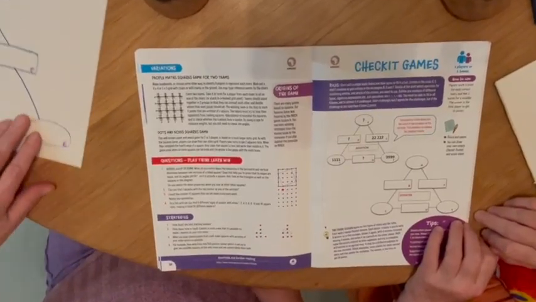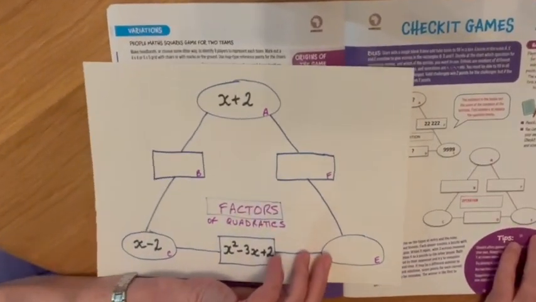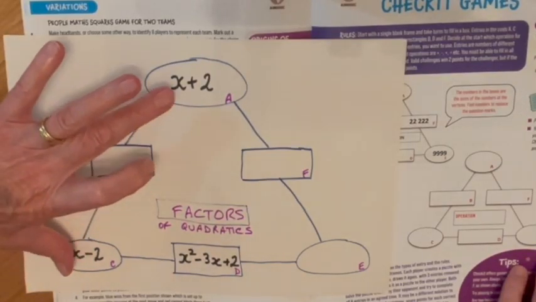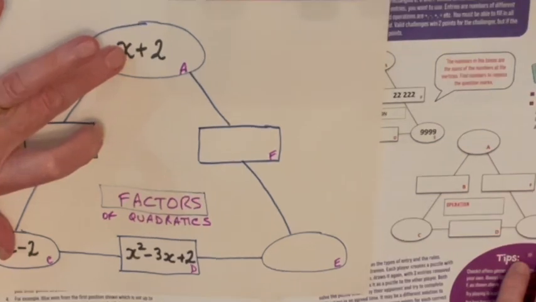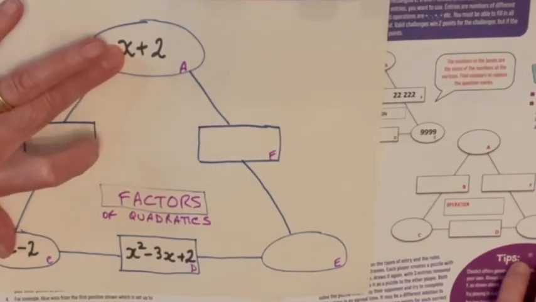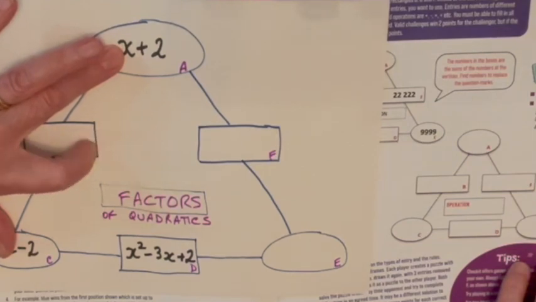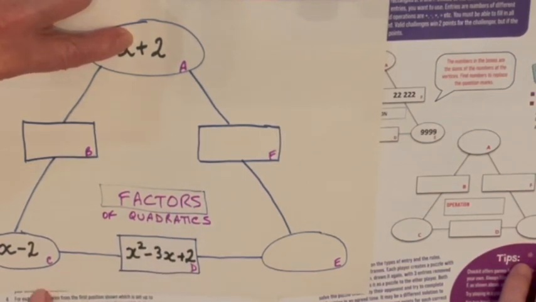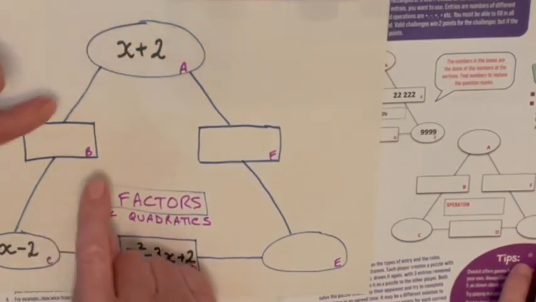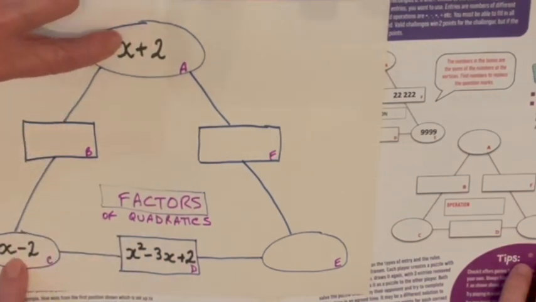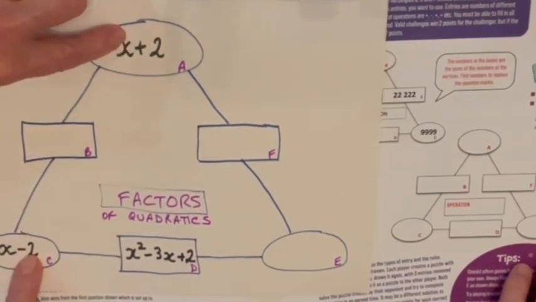Now, Caroline and I have made a puzzle for each other. What happens is that the two entries in these two boxes are combined to give you an entry in the box in the middle. Because it's factorising quadratics, the quadratic is going to go in there, and the factors, x plus 2 and x minus 2, are given.